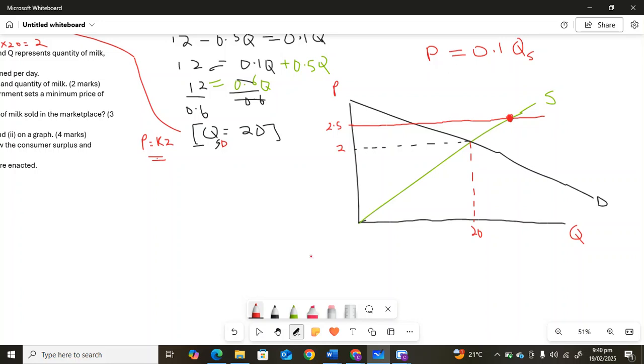So the price has been given to us, 2.5, equals 0.1 QS. So to get the new quantity supplied, we just divide both sides by 0.1, right?